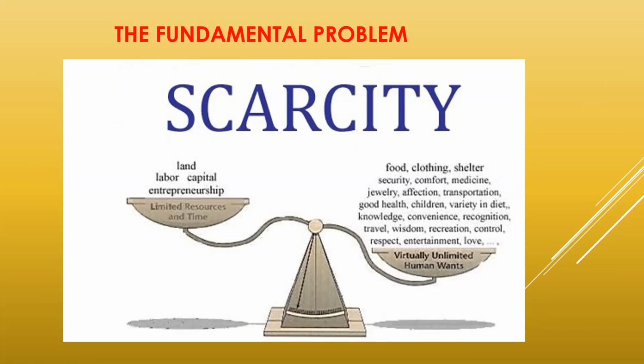If you notice, on one side we have virtually unlimited human wants. Human wants actually remain unlimited, like food, clothing, shelter, security, comfort, medicine, jewelry, affection, transportation, good health, children, diet, knowledge, convenience, recognition, travel, wisdom, recreation, control, respect, environment, love, and name it, and it's all a part of the want.